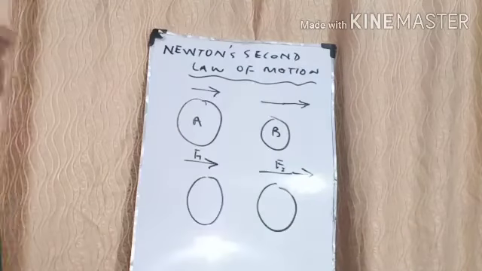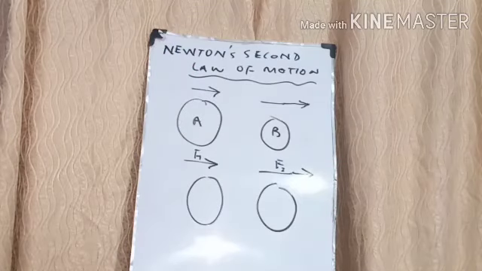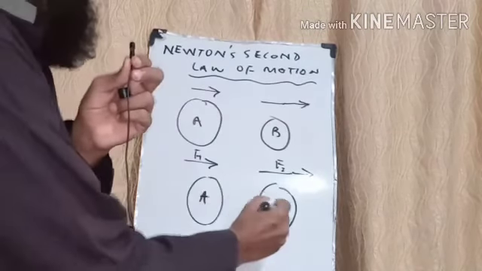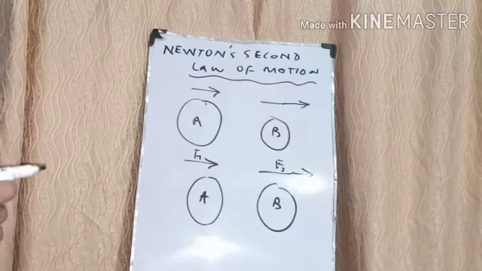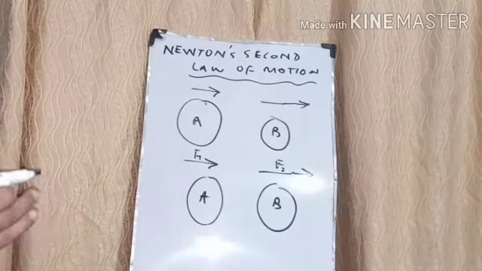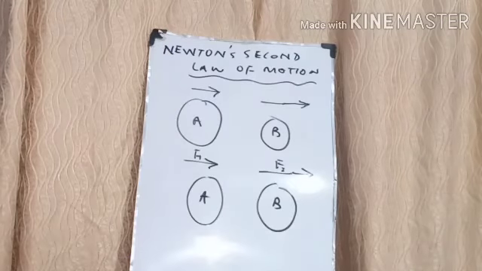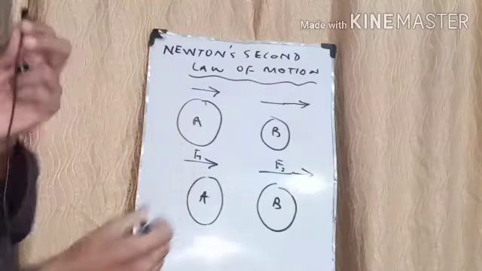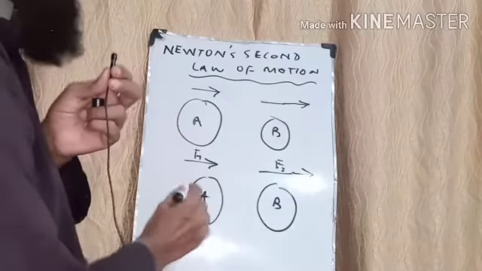We apply two different forces, one large and the other small, on the same mass of bodies A and B. The large force is applied on body B, therefore body B produces more acceleration as compared to body A, because the small force is applied on body A.